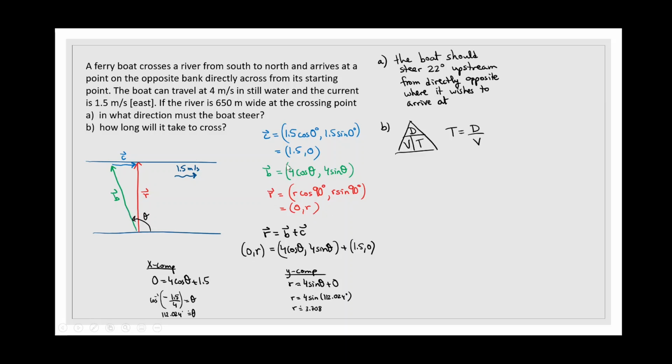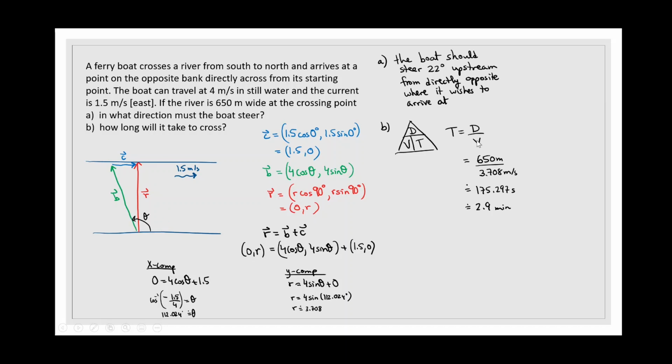And finally, how long does it take to cross? So we know that distance, speed, and time are related together with an equation. So time is equal to distance divided by speed. So in order for us to do this calculation, you have to make sure you grab the velocity that corresponds to the distance. So the distance 650 is the vertical distance because you're told this is a 650 meter wide river.